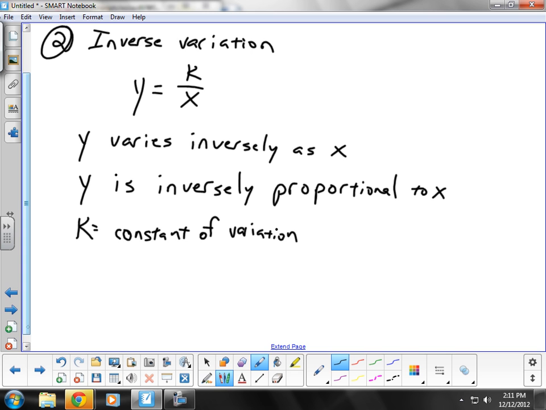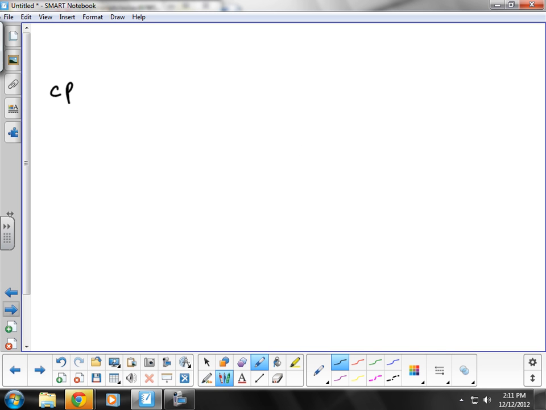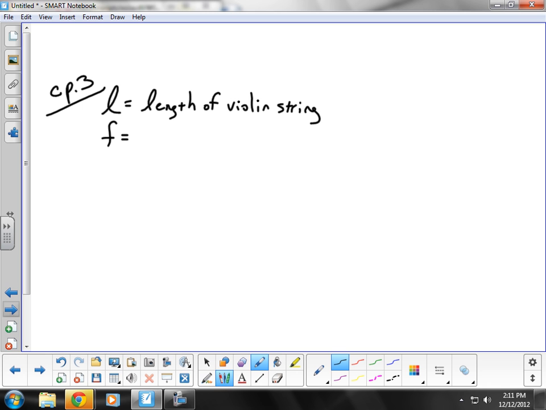Everybody got it? All right, checkpoint 3. Checkpoint 3 says the length of a violin string varies inversely as the frequency of its vibrations. So I'm going to let L be the length of the string, and F is going to be the frequency of vibration.